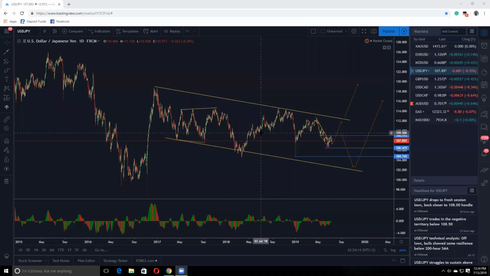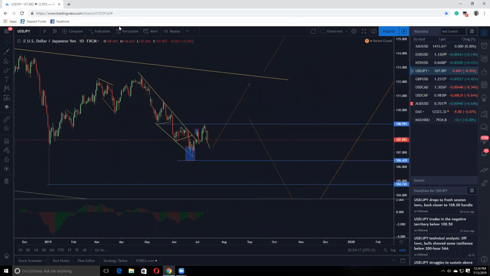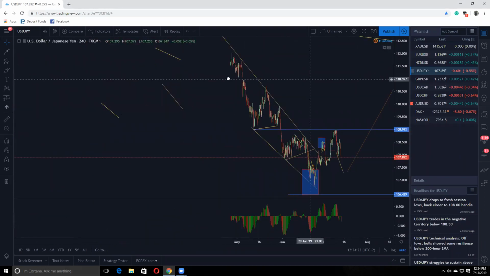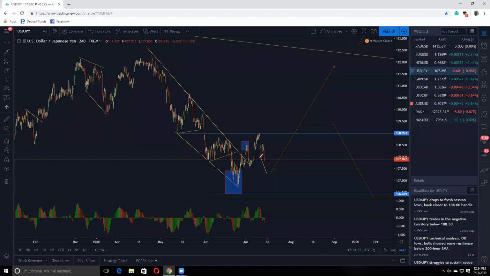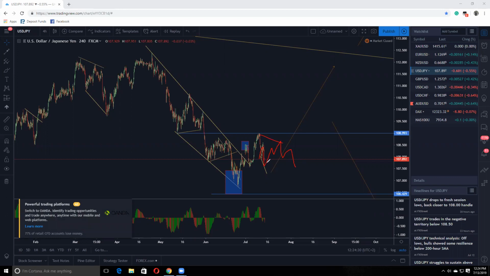But from here, if they give us a longer correction, they might be ready to go all the way up. This side, we might get a little bit deeper correction, maybe something like this. And then we might get this move all the way up, possibly to take this trend line before giving us our breakout correction to the upside.